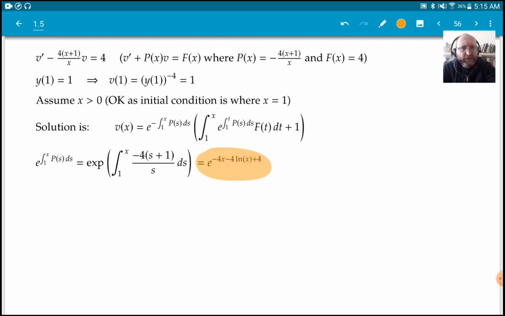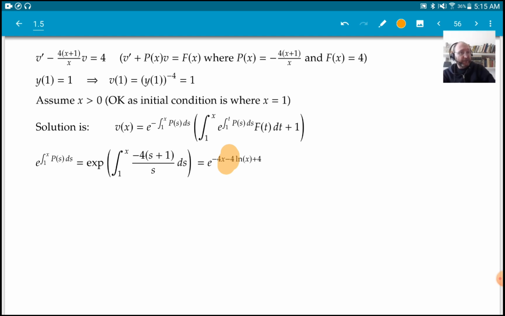Now, if you look at this, this -4, by laws of logarithms, can go on the x, so it's really plus logarithm of x to the -4, and we're taking the exponential of everything.